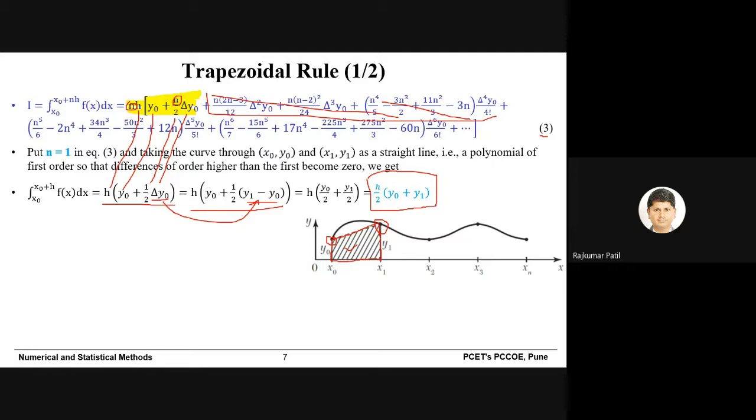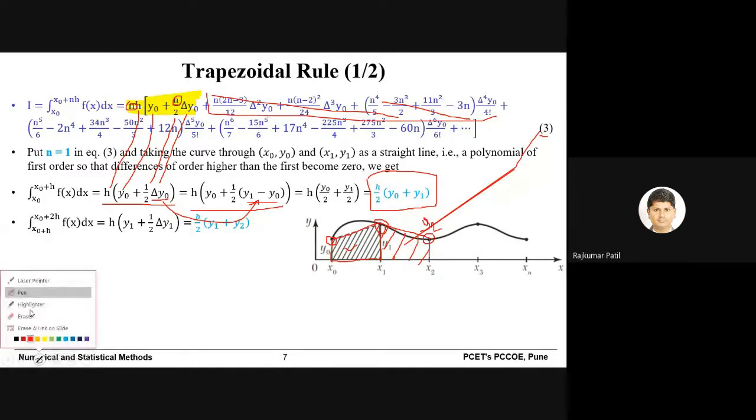Thereafter, we calculate y2 corresponding to x2, and again we join y1 and y2 by using a straight line. So we get another trapezoid. You can see the second trapezoid, and for that again we simplify equation number 3.